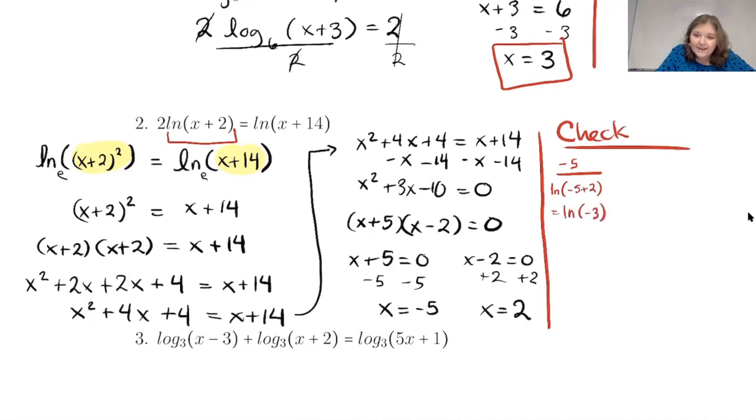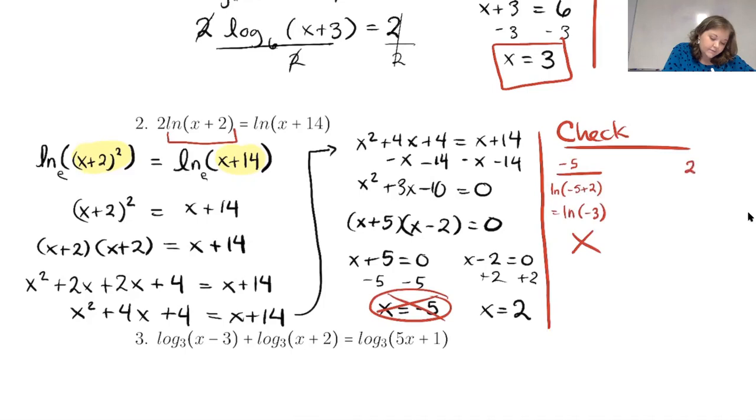So we've already got a negative on the inside when we plug it into the first one. And so it's already causing a problem. So that means that negative 5 is not good. It is not okay to have. And so we're just going to cancel that and not write it as one of our answers.